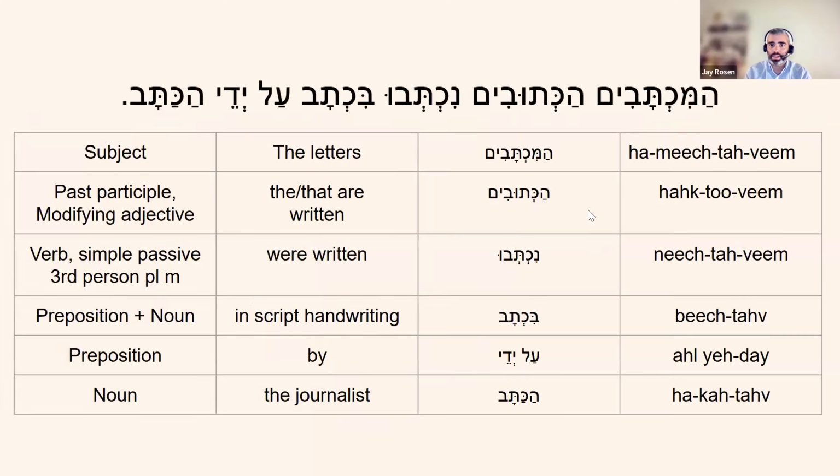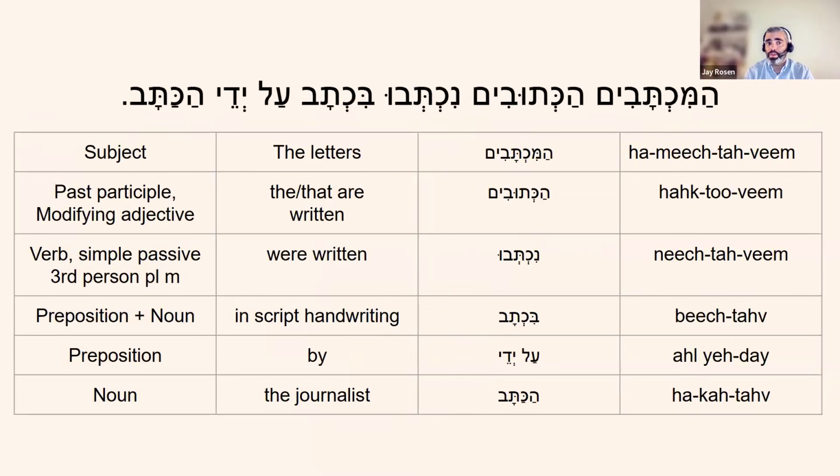And let's diagram this sentence. Okay? Ha'michtavim, the letters, like a letter that you would write to someone. Hakctuvim, that are written. We talked about passive voice a few weeks ago. This is the past participle.